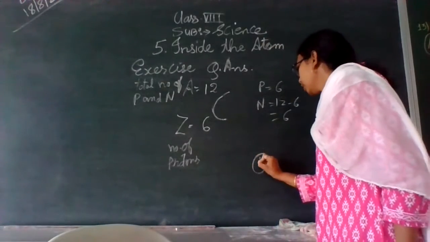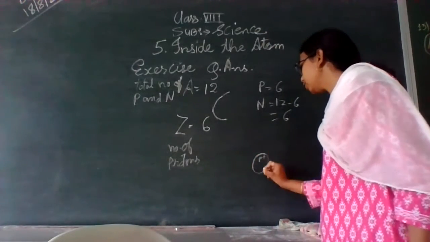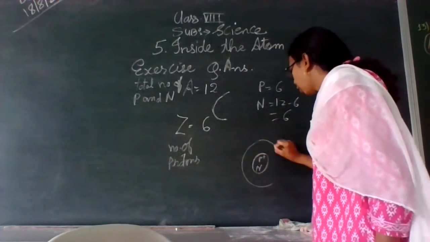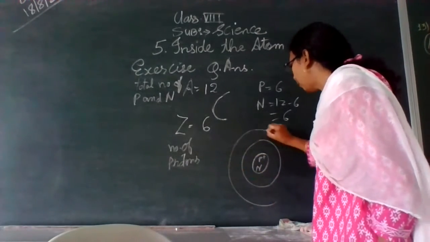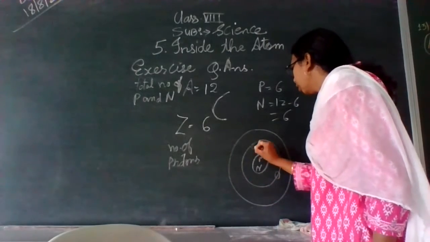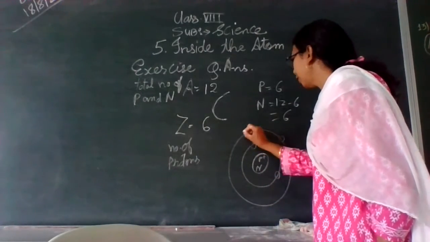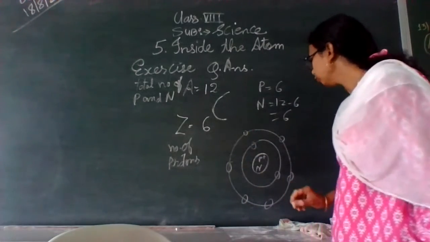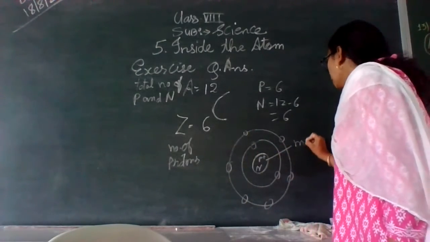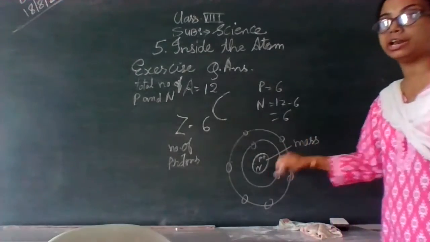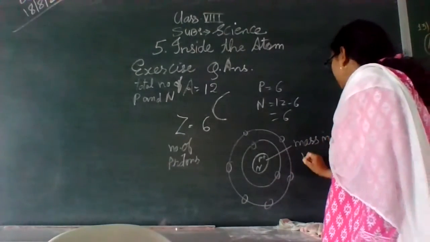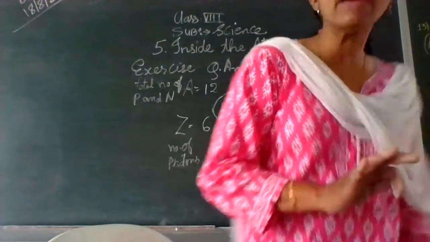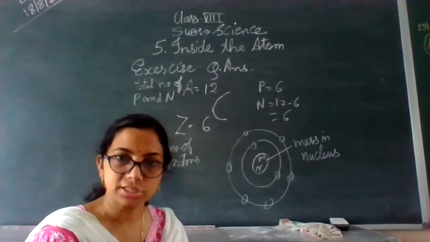This is the nucleus where protons, which are positively charged, and neutrons are present, and electrons, which do not have any considerable mass, move in the shells outside, arranged around this nucleus. So the mass is concentrated in the nucleus itself, and electrons comparatively have negligible mass.